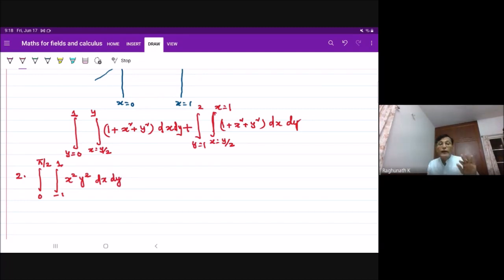Whether it is dx dy or dy dx, it makes no difference because all the limits are constants. It is a rectangular region.